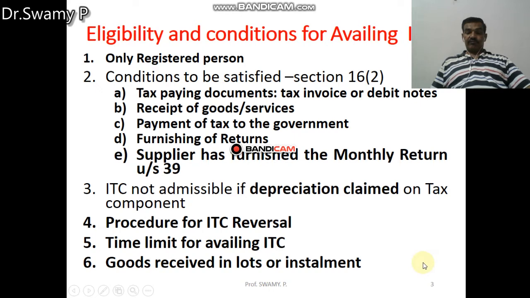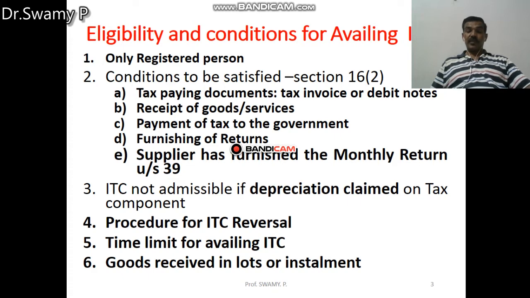Then the recipient files his returns on 25th May 2020.